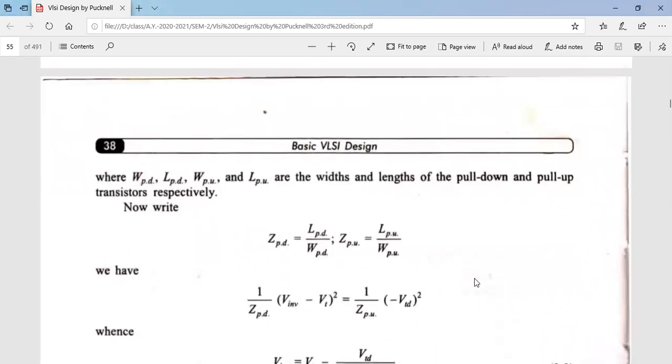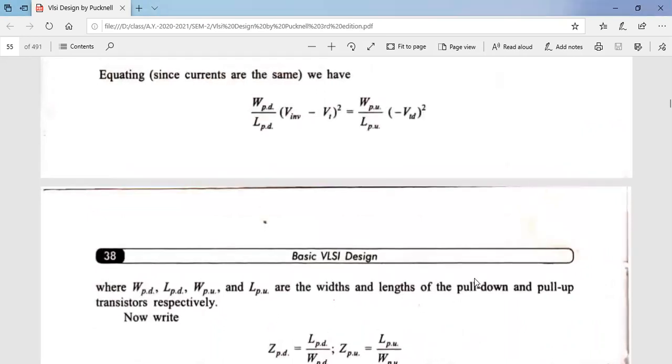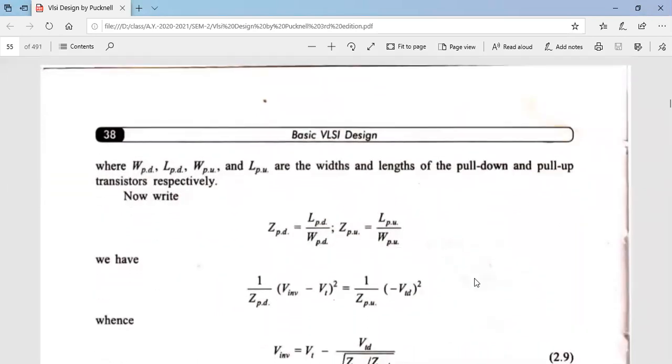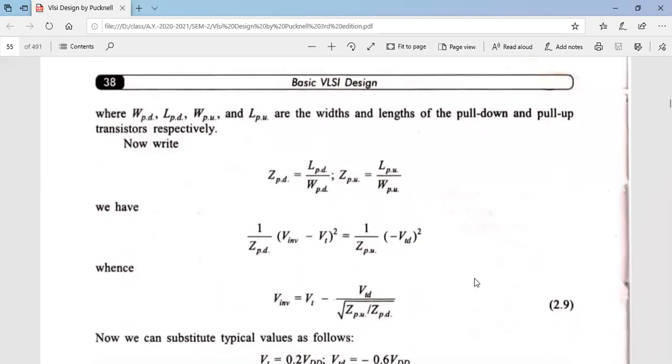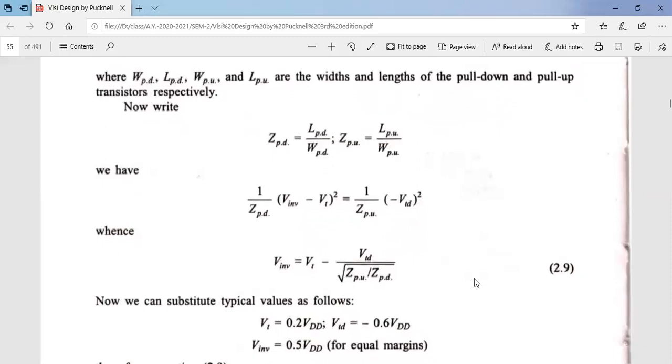We are transforming the equation present here, WPD by LPD into (VINV minus VT) whole square, is equal to W pull-up by length pull-up into VTD square. Substituting for ZPD and Z pull-up, VINV becomes VT minus VTD by root of Z pull-up by Z pull-down.